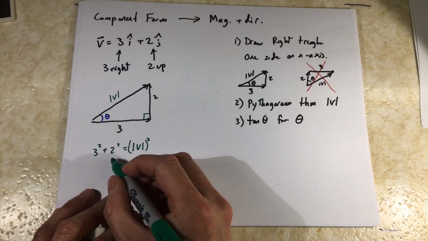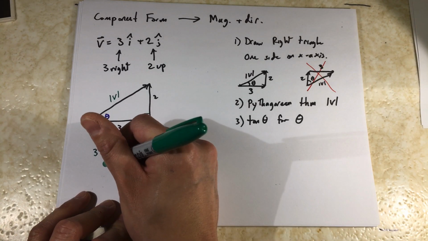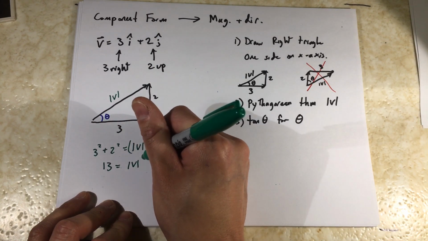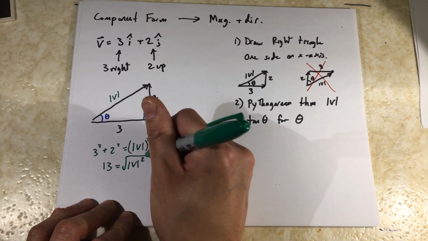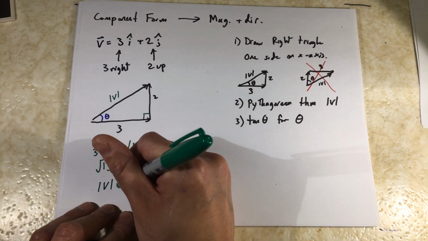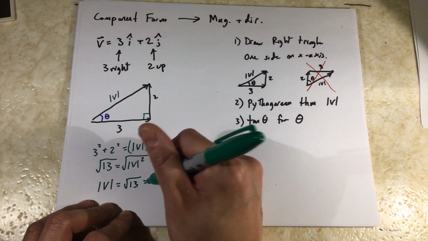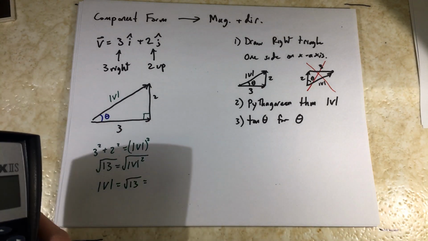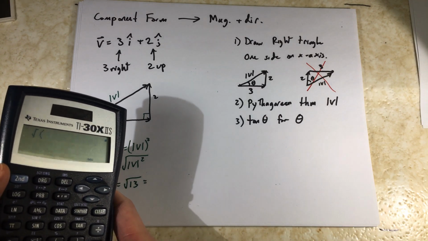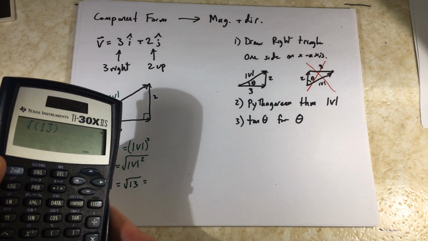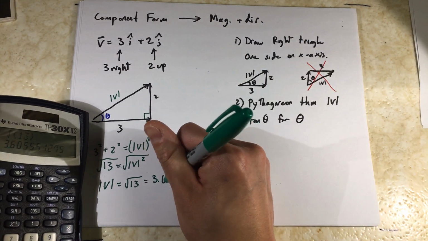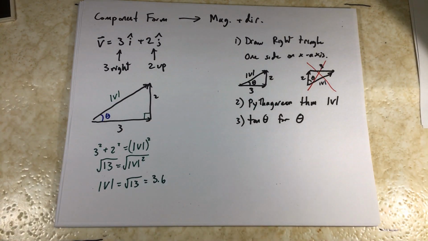So this is 9 plus 4 is 13. You square root both sides, and then you get the absolute value of v equals square root of 13, which is about 3.6. So there's our magnitude.